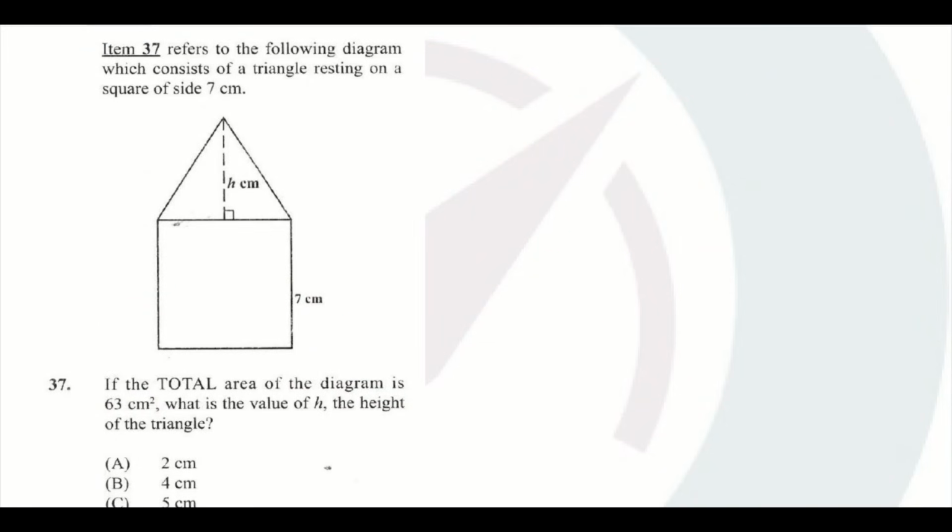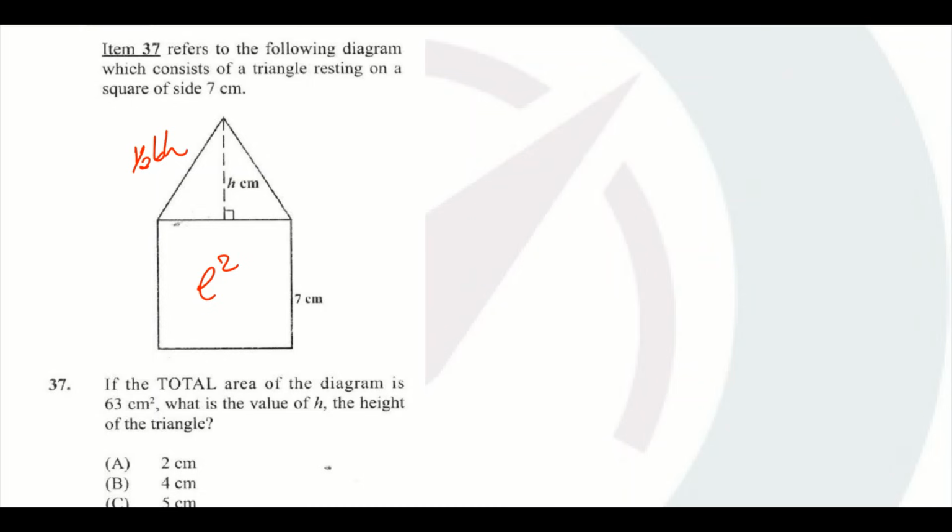Item 37 refers to the following diagram, which consists of a triangle resting on a square of side 7 centimeters. If the total area of the diagram is 63 centimeters squared, what is the value of H, the height of the triangle? We know that the area of a square is L squared, and the area of a triangle is half base times height.